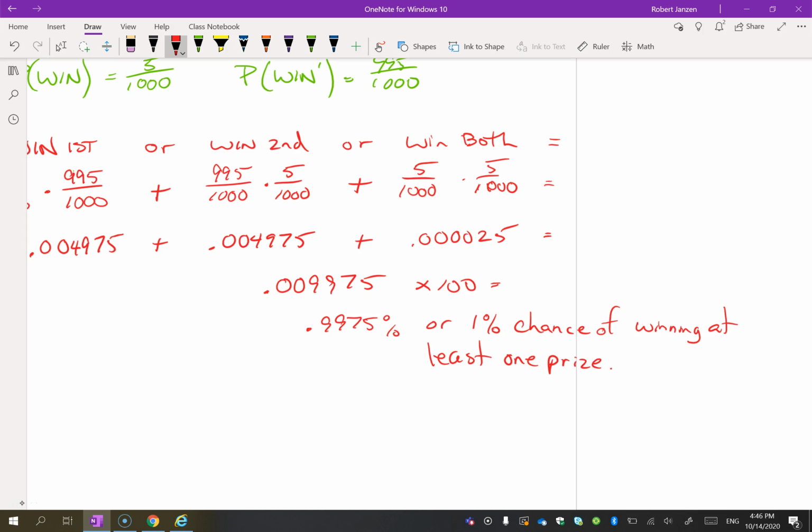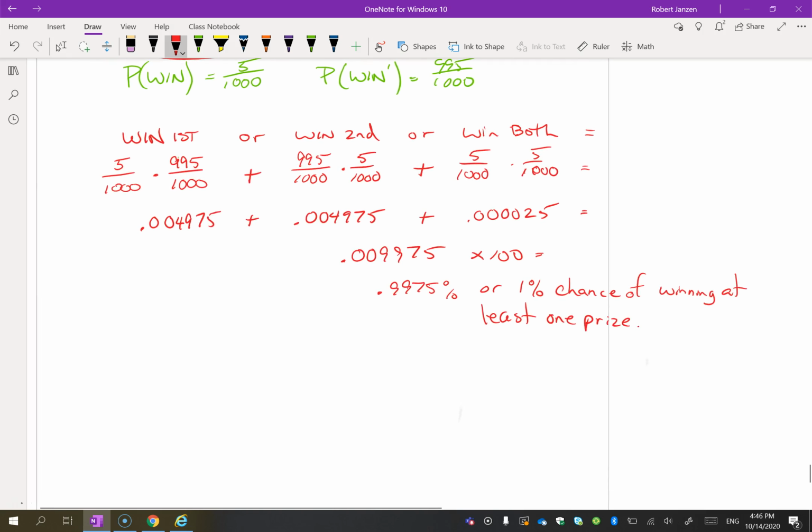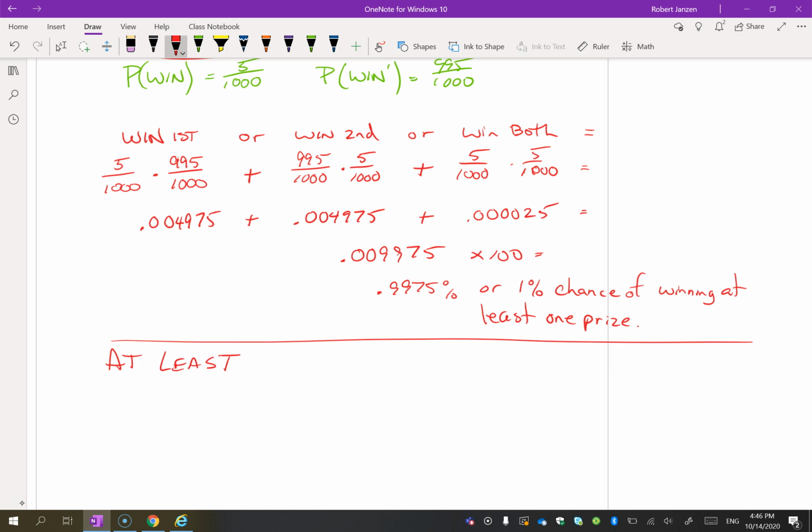Now there is another way to do this question, and I think we've seen this before. Anytime you have the phrase at least, you could instead do it this way: the probability of at least one is 1 take away the probability of the event not occurring.